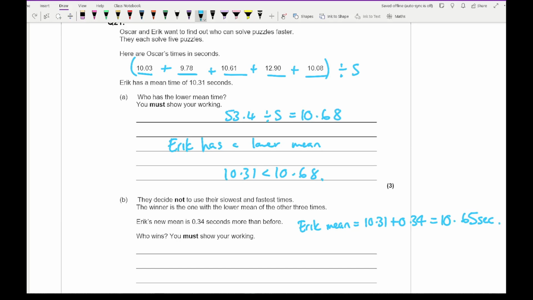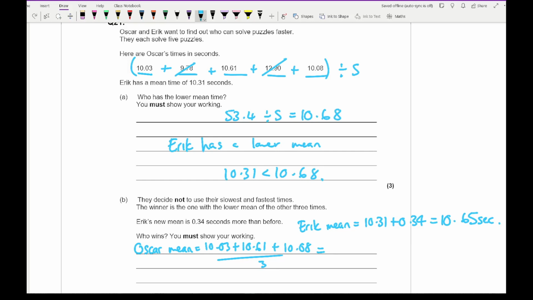Now we're going to lose the slowest time, which is 12.9, and the fastest time, which is 9.78. So Oscar's mean is going to be 10.03 plus 10.61 plus 10.08, all divided by 3.